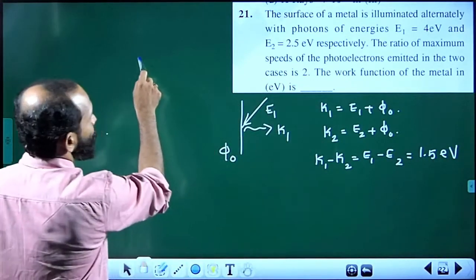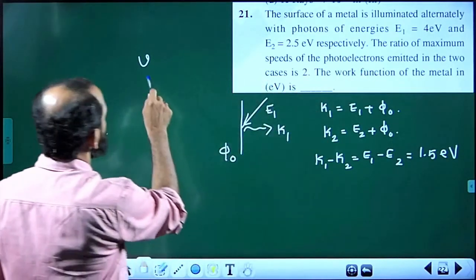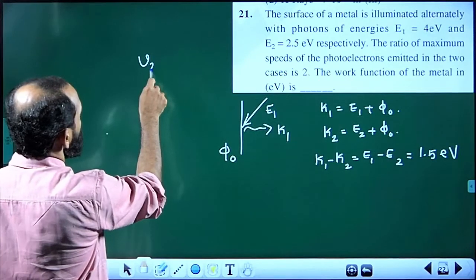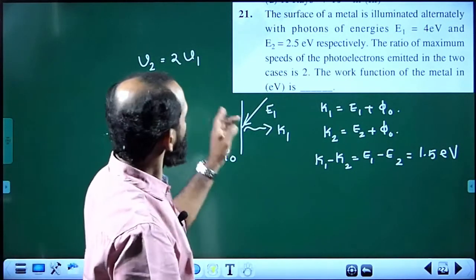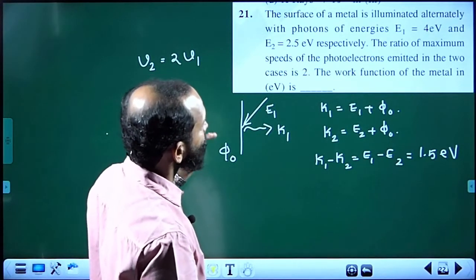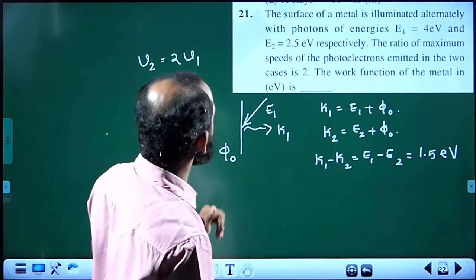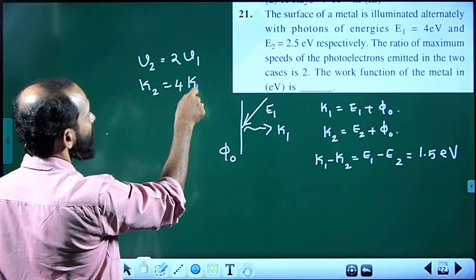Also it is given that the ratio of maximum speeds is 2, that means the velocity of the second one is 2 times the velocity of the first one. The maximum velocity of photoelectrons in the second one is 2 times that of the first one, it is given. That means the maximum kinetic energy is 4 times that of the first case.